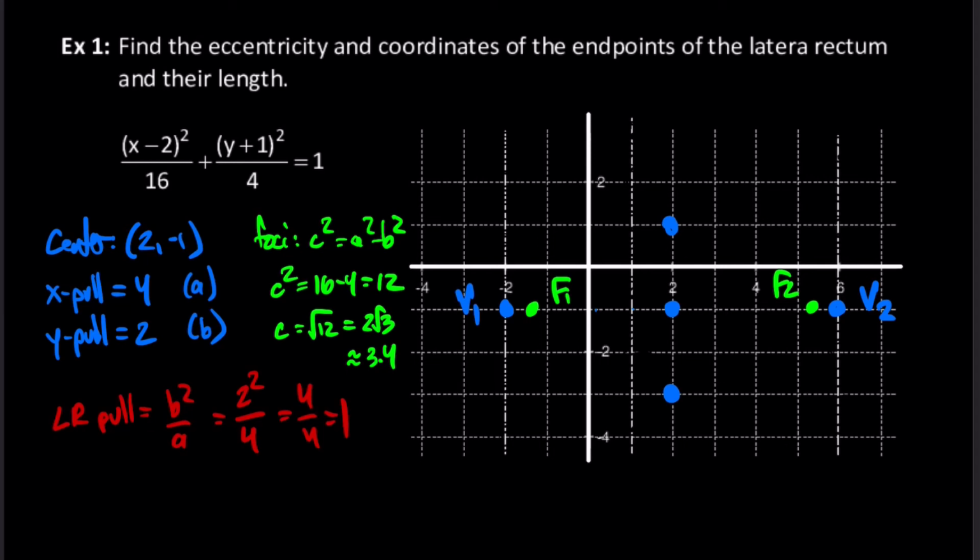So from my focus, I go perpendicular, 1 that direction, 1 that direction, and same thing here, 1 that direction, and 1 that direction. So about right there would be L1, and about right there would be L2. And over on the other side, about right there would be L3, and right about there would be L4. Now I can sketch in a little bit more accurate ellipse.